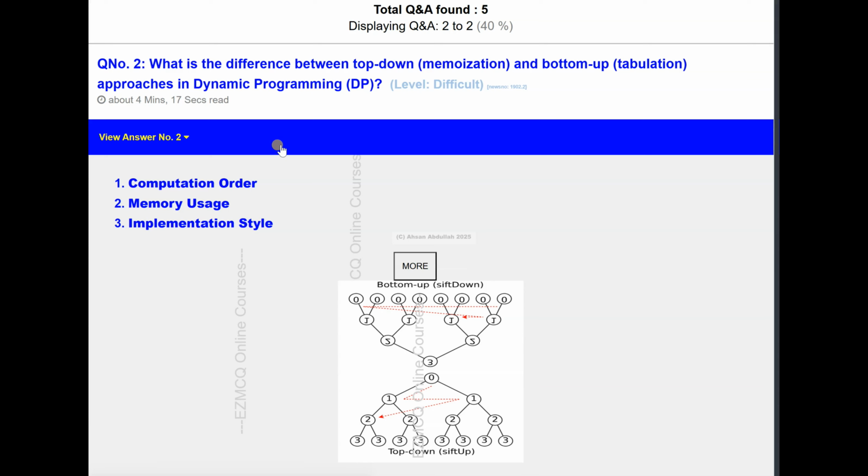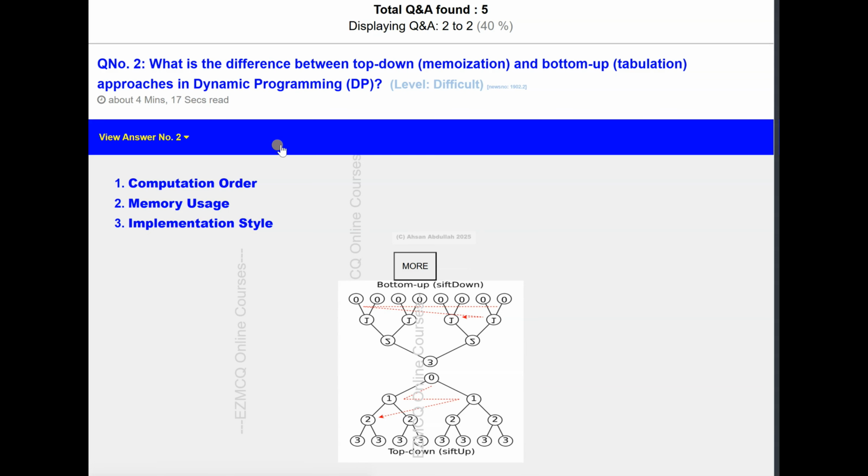So top-down is recursive, so it solves only the needed subproblems and caches the results. This is just like standard recursion. It is ideal for sparse or structured environments, because there's going to be less memory usage.